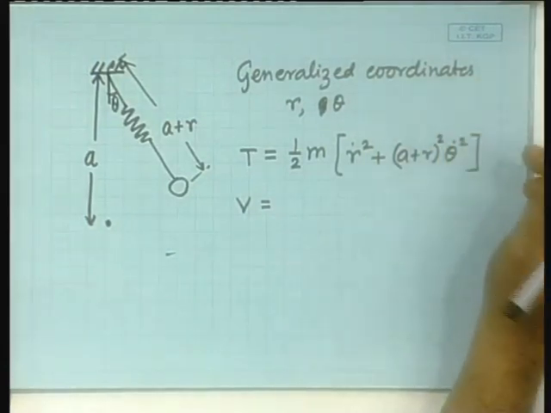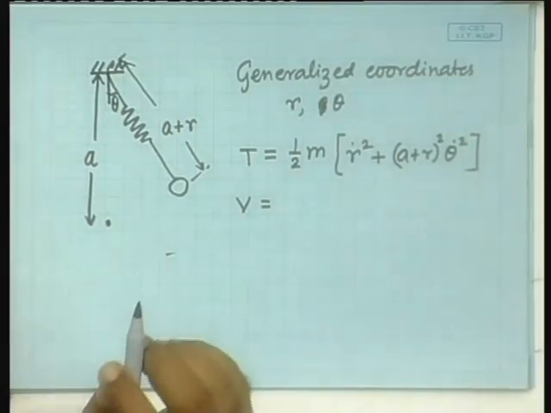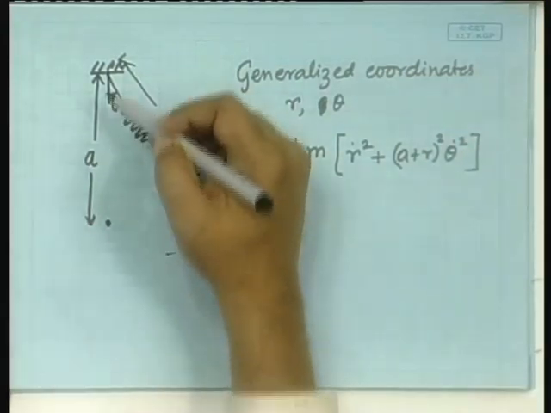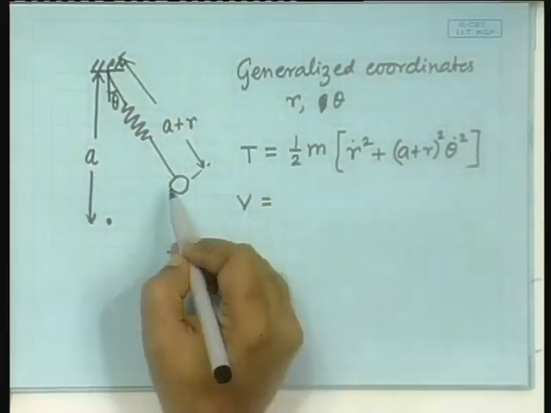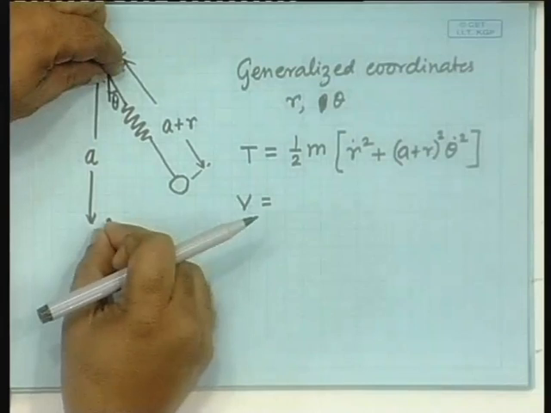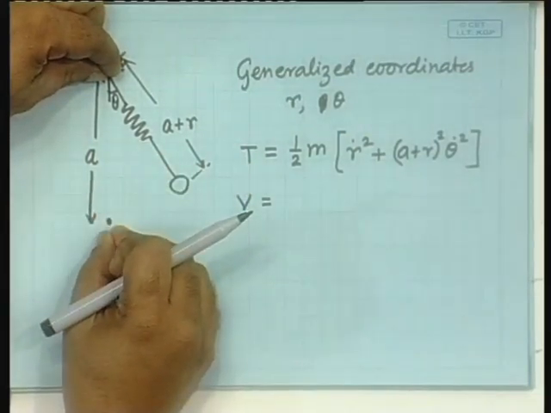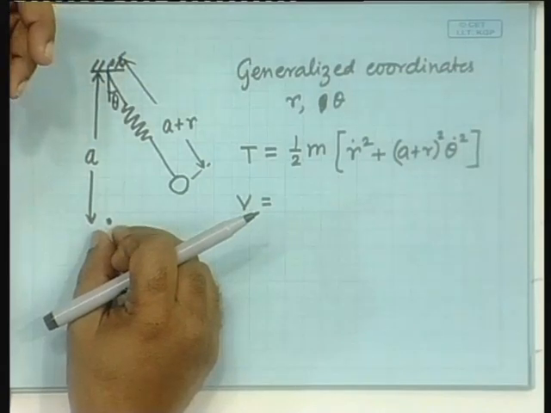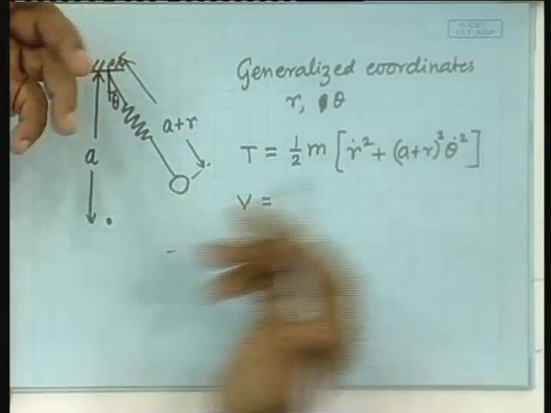Notice, let us start the argument from the position that it is unstressed. If it is unstressed, it has some position, but from there it has already been elongated by application of a force mg. So how much has it already elongated?